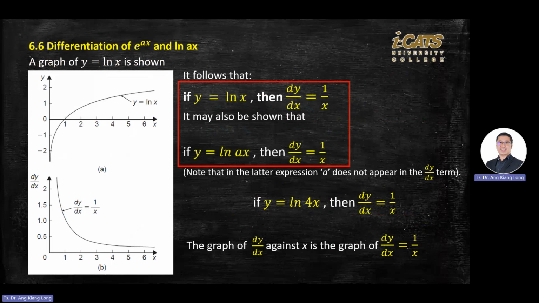This is also one part of the careless mistakes, because you are so used to carrying the constant to the front. So when you do ln ax, be careful. You don't need to carry the constant.